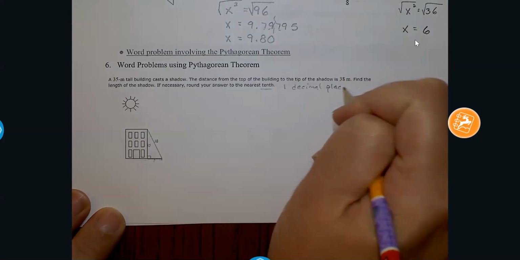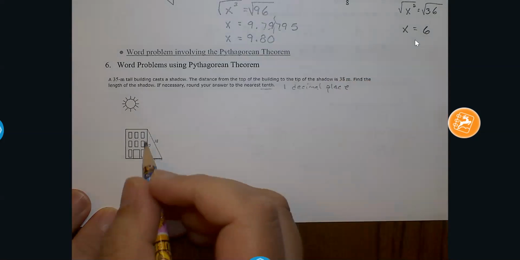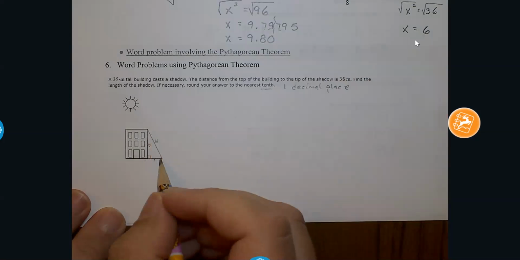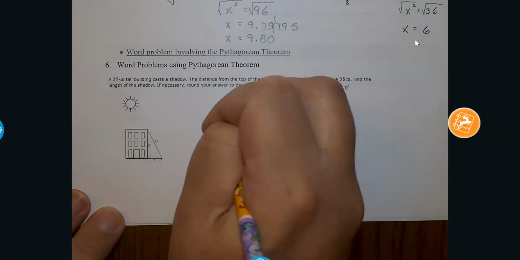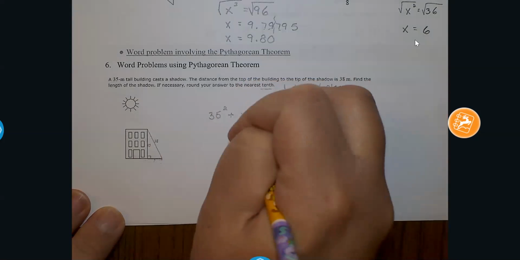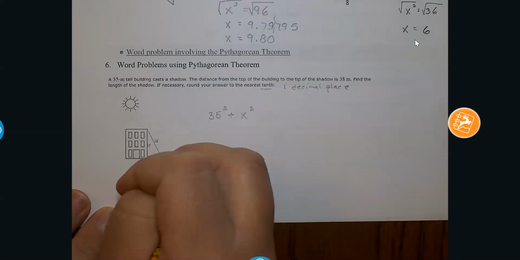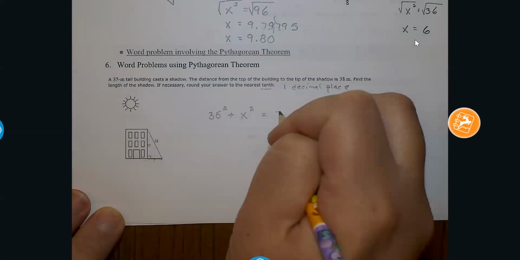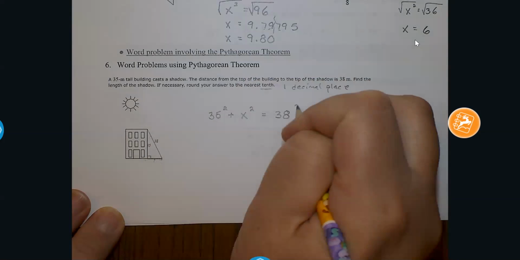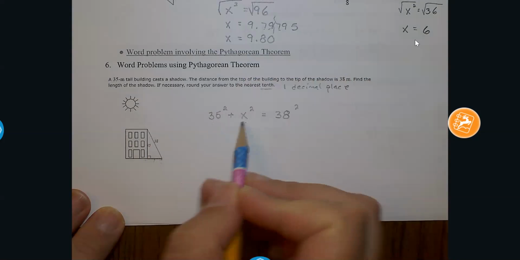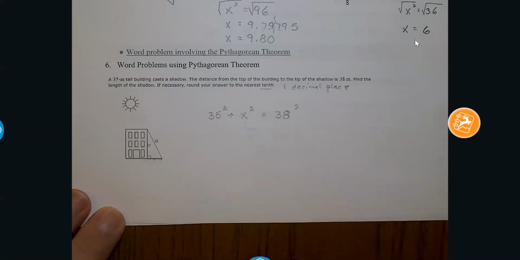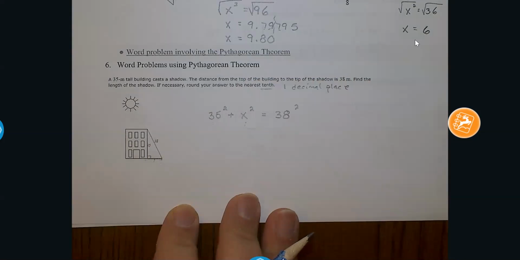Okay. So here they're giving us a leg and the hypotenuse. So this is going to be 35 squared plus x squared, which would be the other leg, equals 38 squared. Now we could put x squared here or 35 squared here. You can interchange these, okay? Either way, we're gonna have something set up just like that.